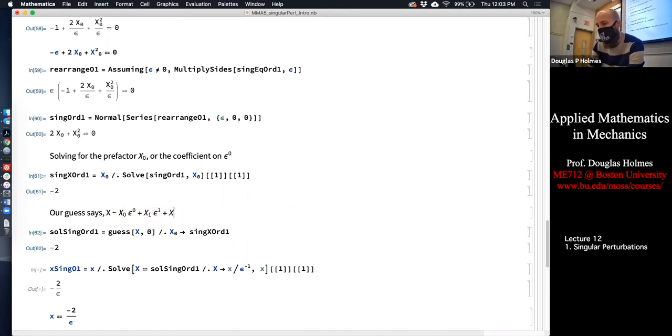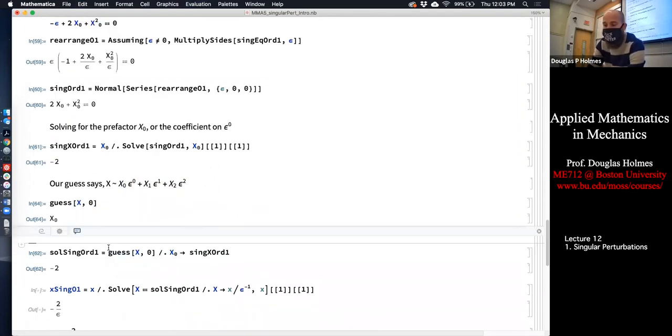So this thing gives me this quantity, and just so there isn't any confusion at higher orders, you really should remember that you're taking this quantity that you just found and putting it back into our guess. So our guess to this order is that, and now we're replacing x naught with what we just found for x naught.